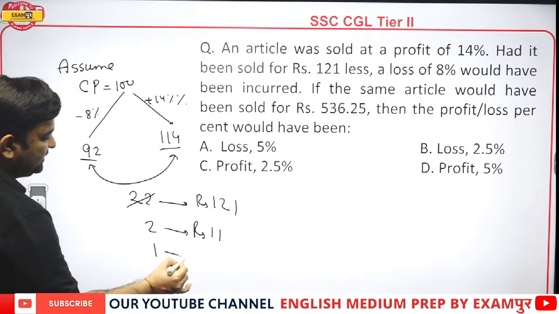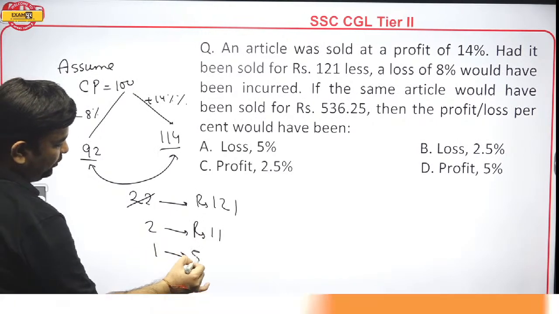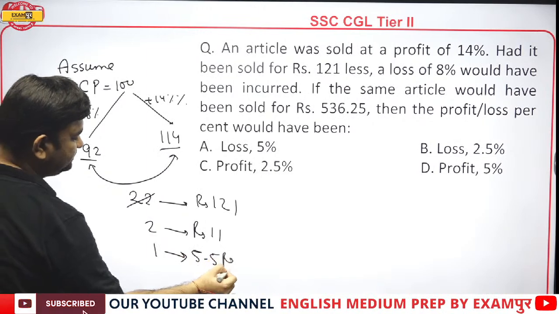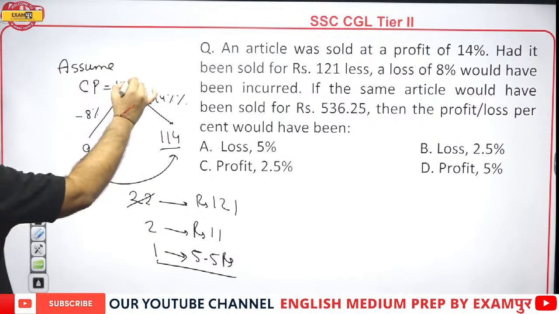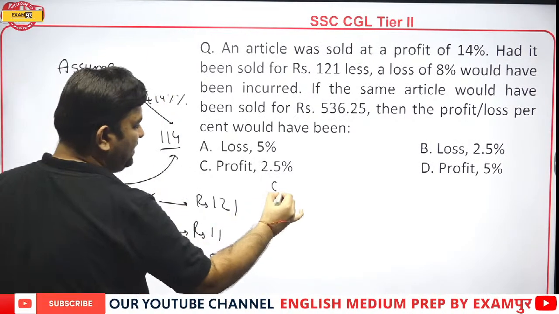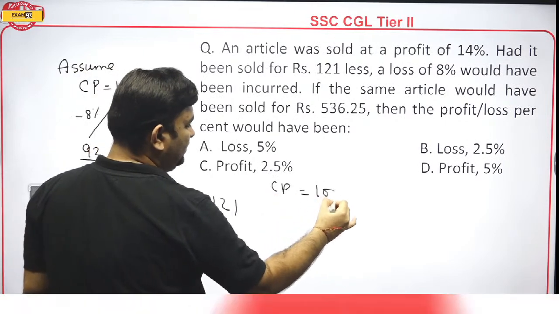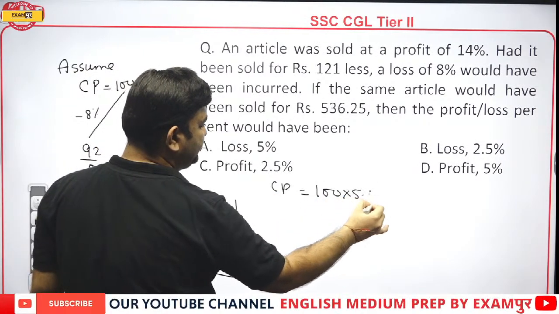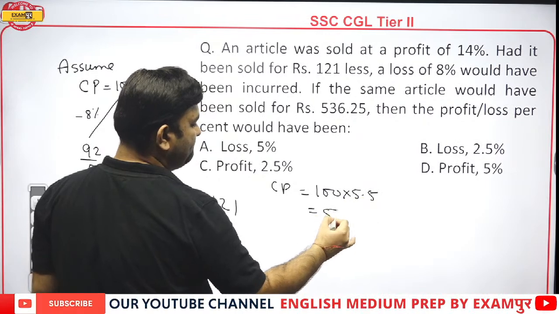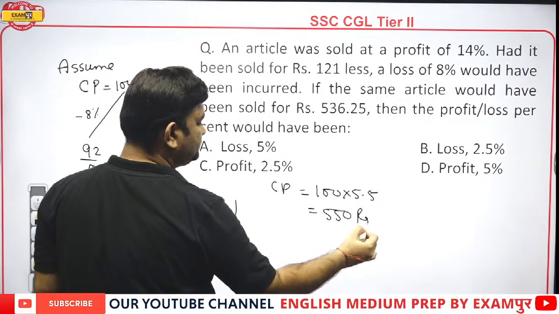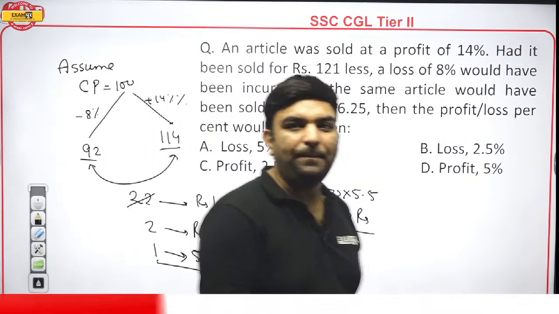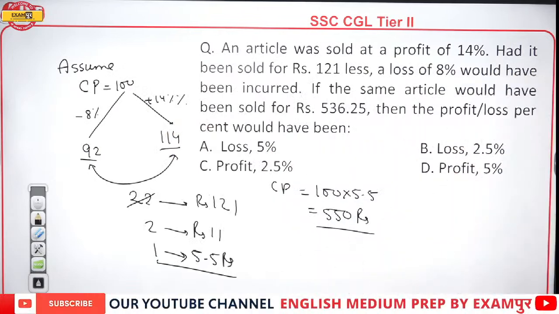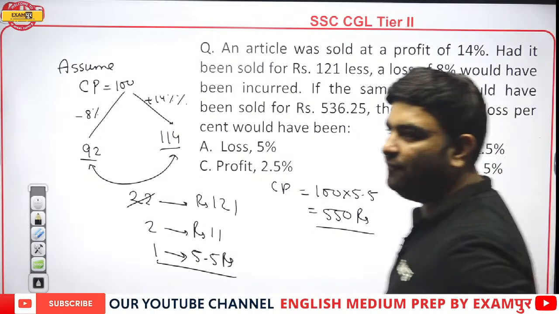So 1 is equal to 5.5 rupees. So my CP is 100 into 5.5, that is 550. My CP is 550 rupees.